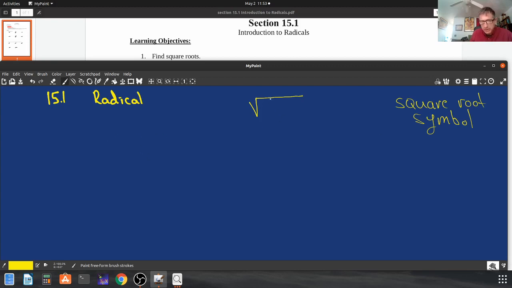This symbol indicates a special type of square root. So let's define square root.